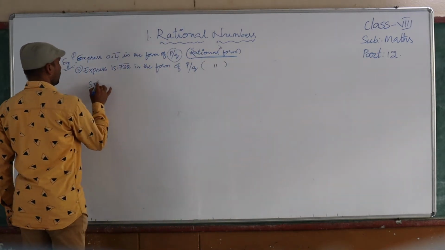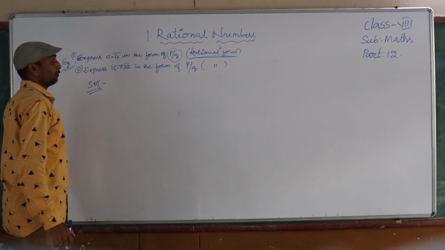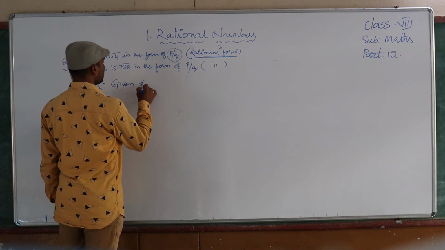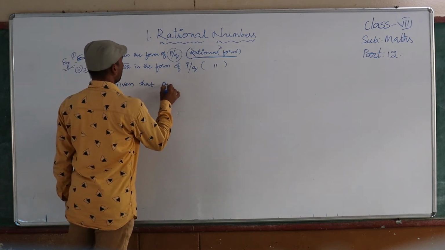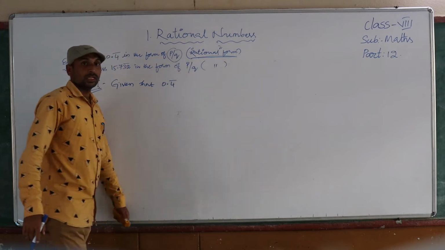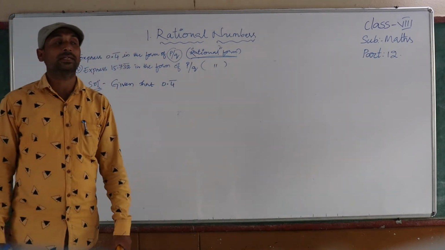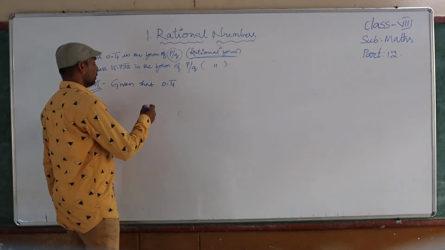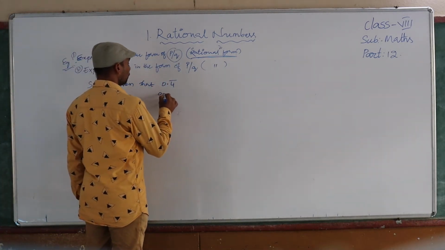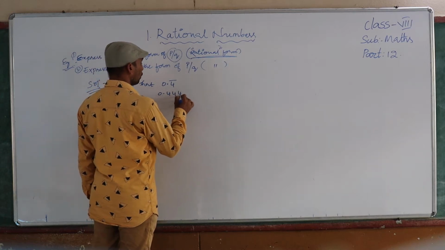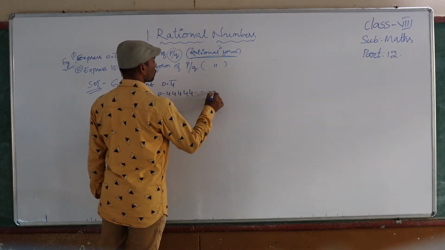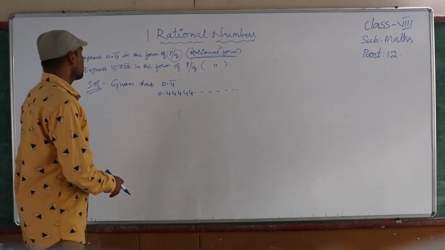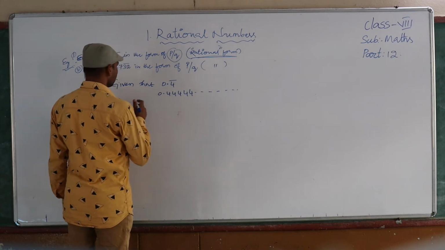So here, listen carefully. The given decimal number is 0.4 bar. Bar is nothing but a recurring number, so 4 is the repeating value. So we can write 0.444 and so on. After writing this, let x be the given problem.